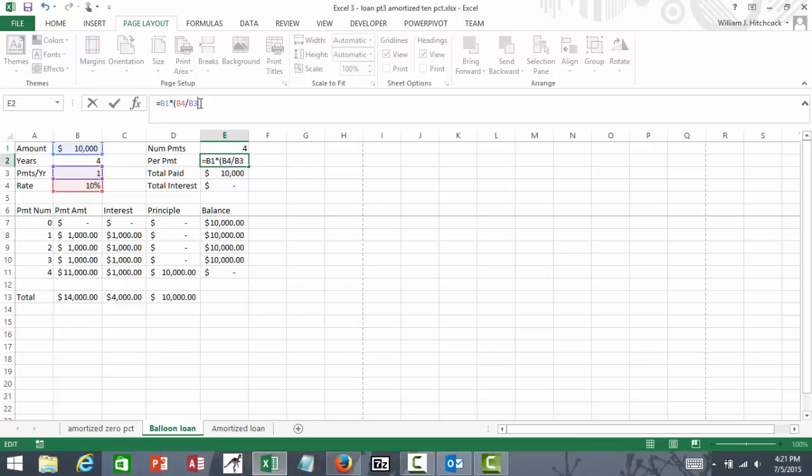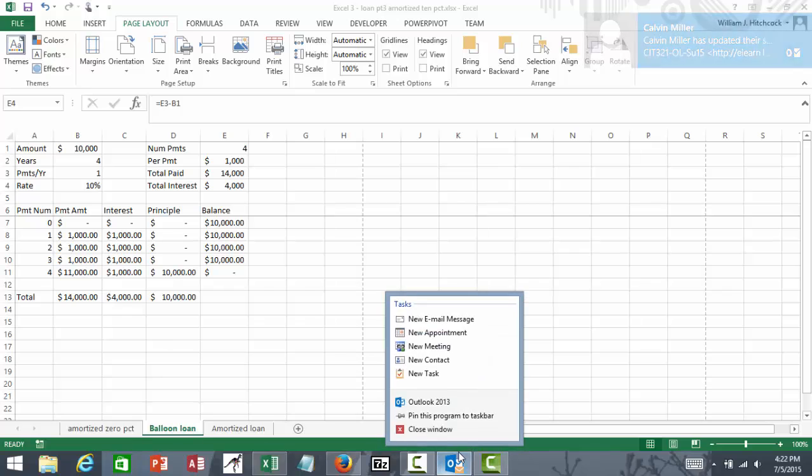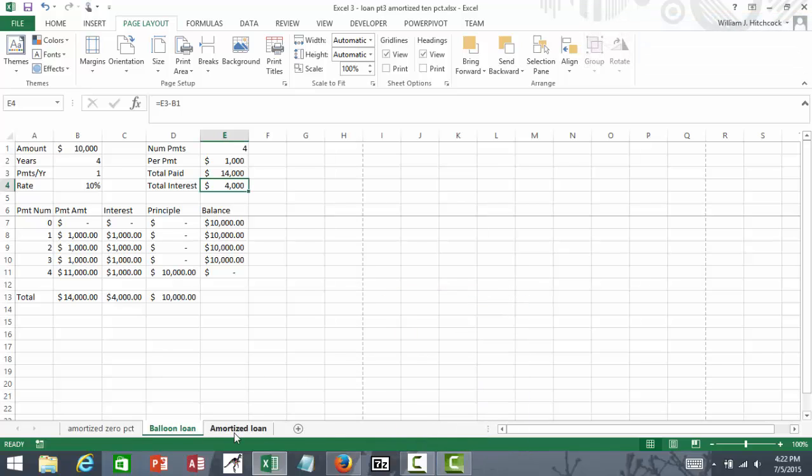It was just $1,000 each time. But then the total paid ended up being equal to the number of payments times the periodic payment plus the original amount that I borrowed from the bank. So I know that my periodic payment has got to be something greater than $2,500.